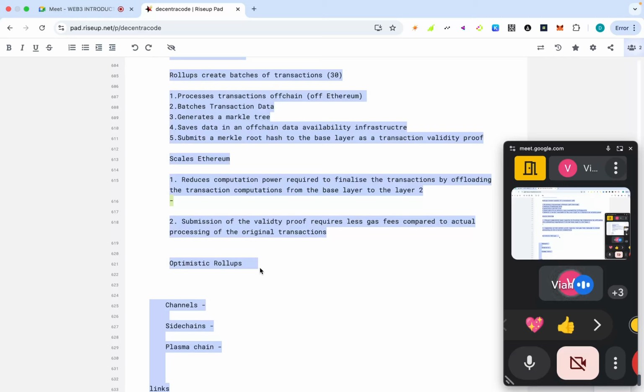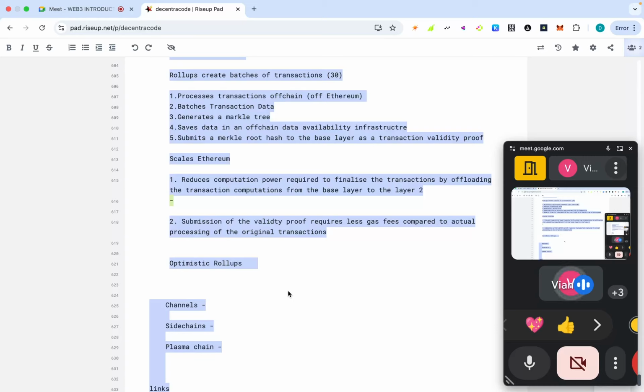They batch data or they batch transactions, just to be even more precise. They batch transactions into a single unit, but when they submit a state proof, like we looked at up here, they submit a state proof to the blockchain, to the base layer.